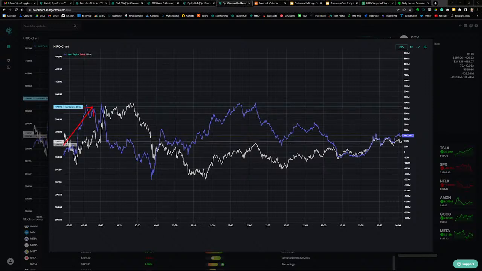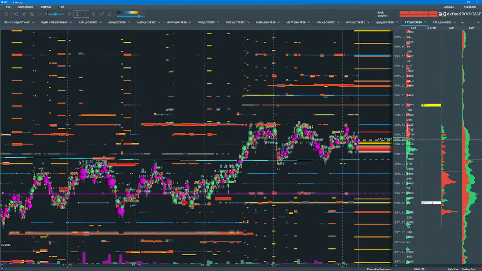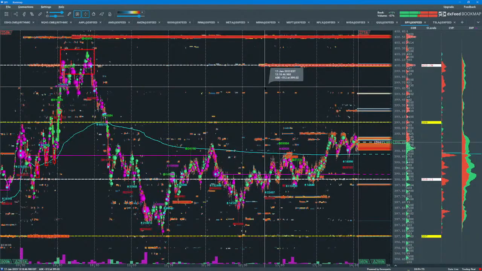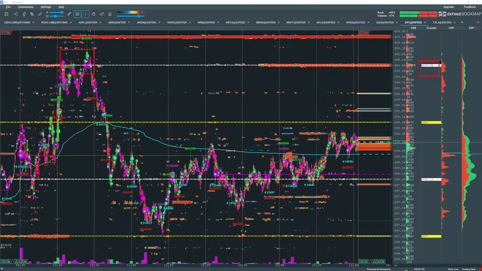Options trades supporting a long first thing in the morning, and then the divergence setup lower. So again, to confirm, there's the reversal lower at the 400 call wall. So same thing at SPY.